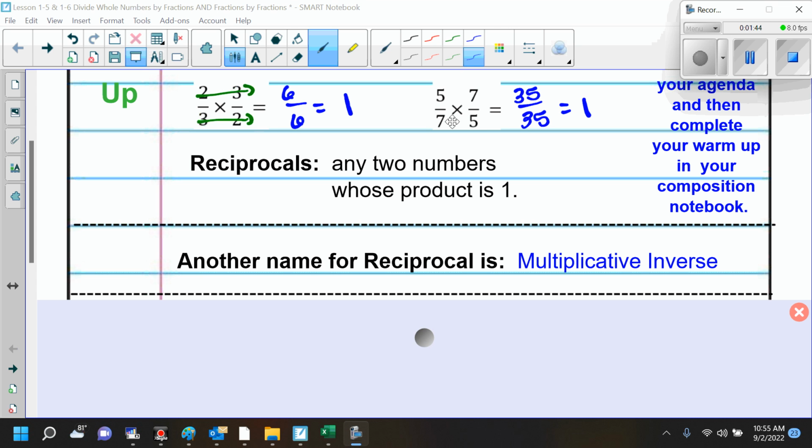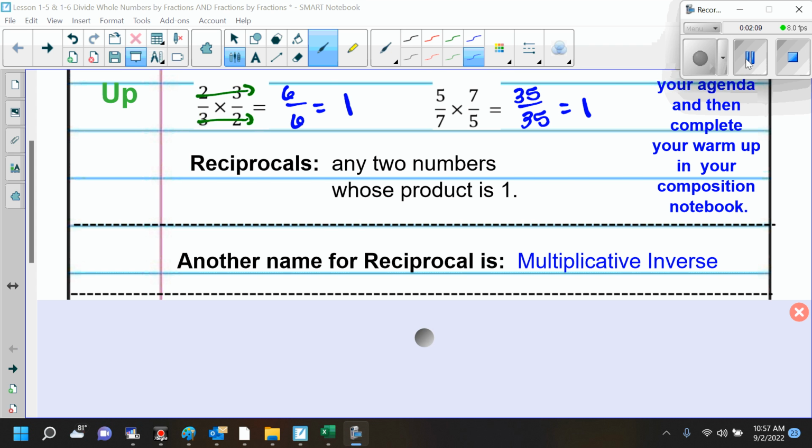What do you think the reciprocal of a fraction is? The way we get the reciprocal is you just flip that fraction. So the reciprocal of 5/7 is 7/5. The reciprocal of 2/3 is 3/2.